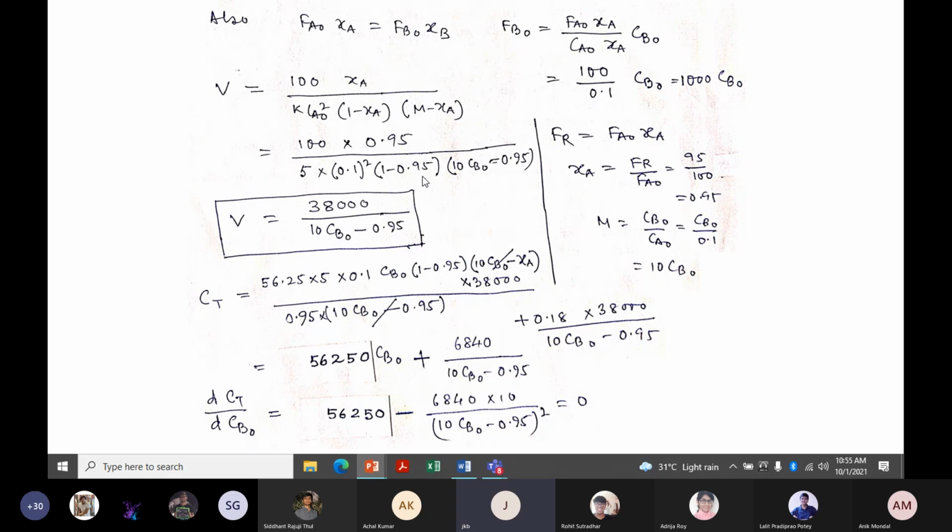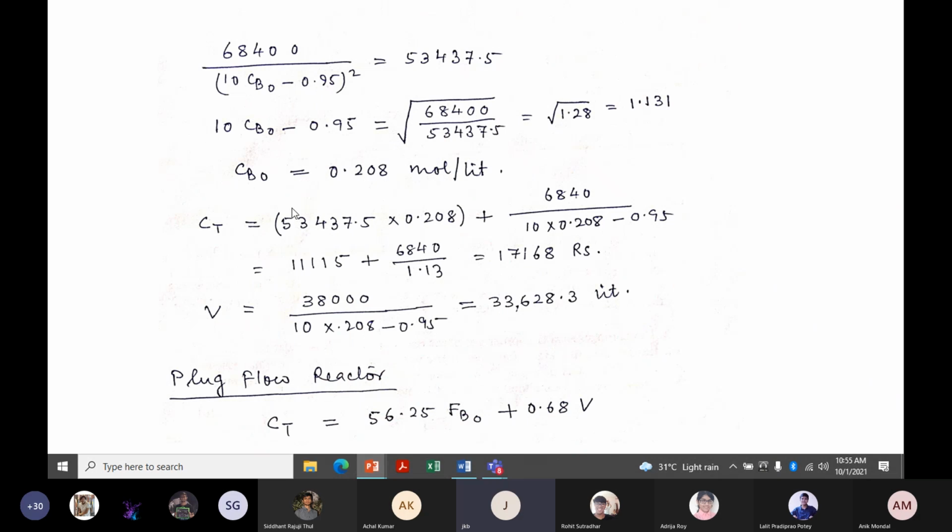So during discussion in theory, I told that parameter you have to decide seeing the expression. In this expression, this cost is expressed in terms of CB0. After substitution of all equation, after simplification, we are getting. Then you differentiate with respect to CB0. I'm not showing all the steps because if you do yourself, you can get it.